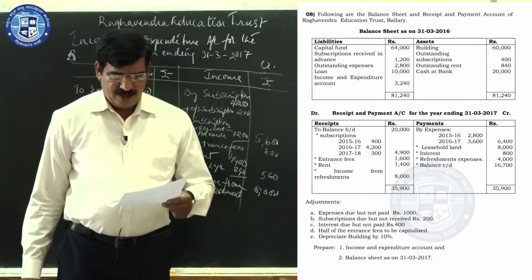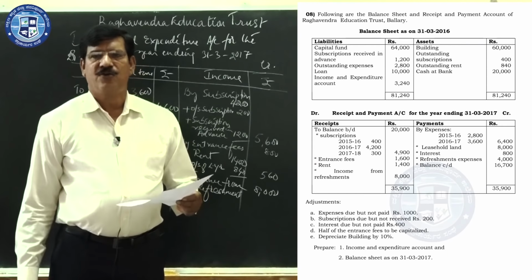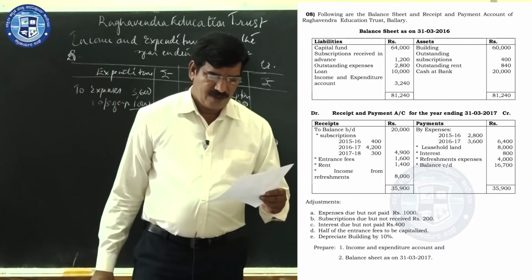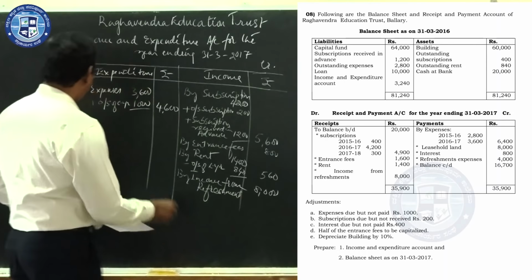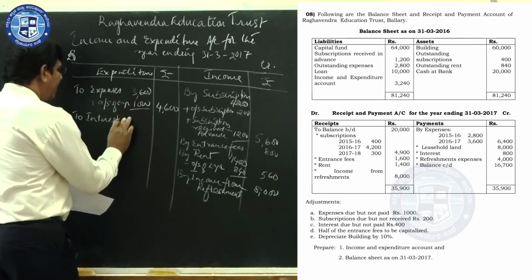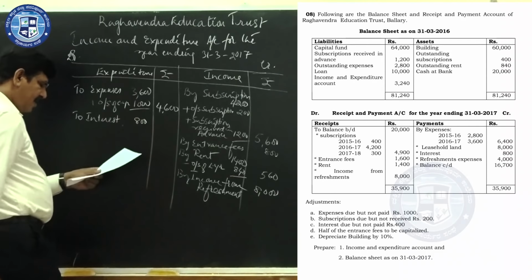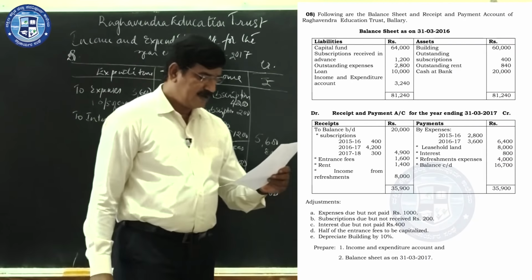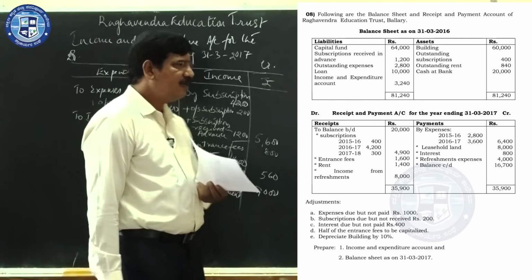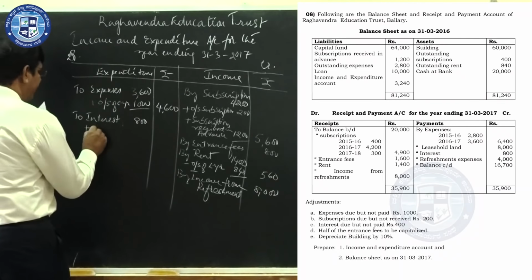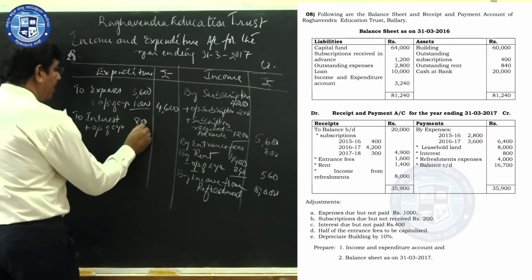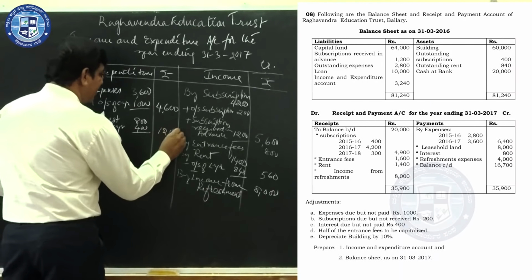The next item is leasehold land. It will go to the balance sheet, and interest is given, interest paid 800, and look at adjustment number C, interest due but not paid. Interest due but not paid means it is outstanding of current year 400, so 1200.